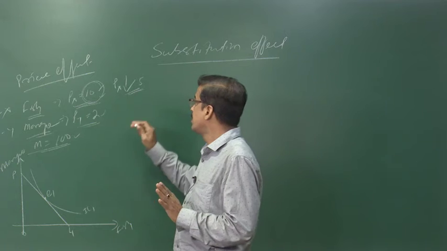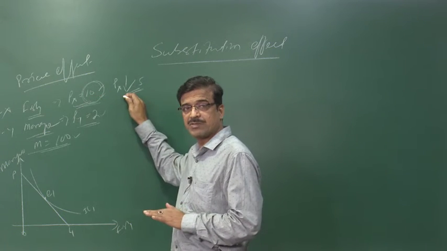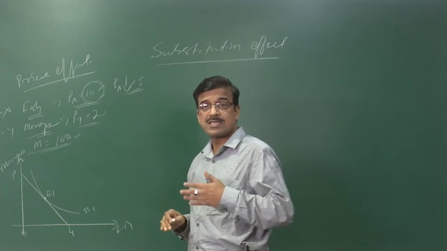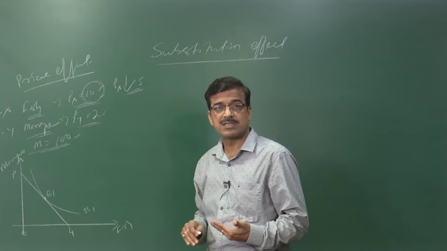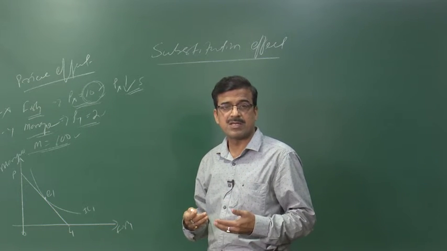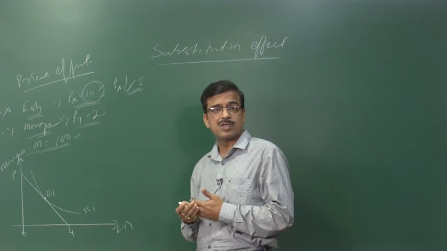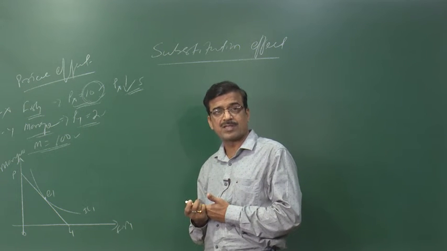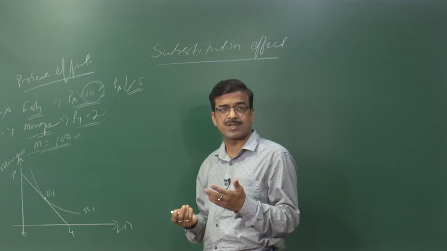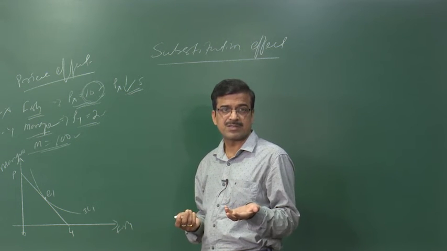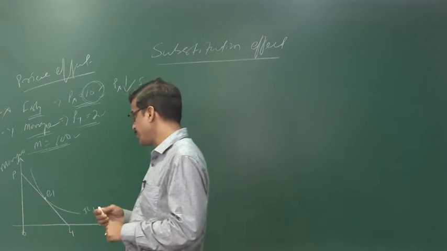When the price of fish reduces, his real income increases, his purchasing power increases. Once your purchasing power increases, you try to consume more of that product if it is superior, less of that product if it is inferior. So, what do you find here?